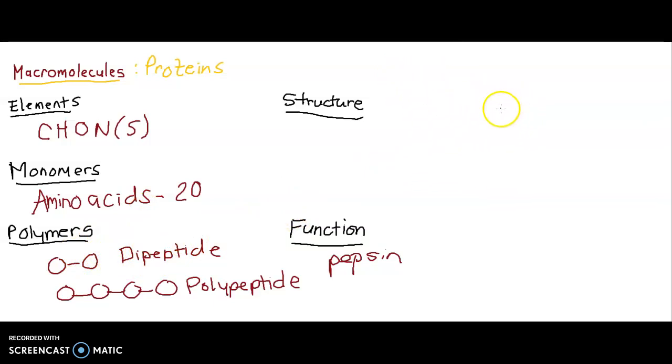Structure. In the structure of an amino acid, we have a central carbon. Recall that carbon is able to make 4 bonds, so each of these lines represents a covalent bond. On one side, we only have a lone hydrogen. On another, we have the functional group COOH, which is the carboxyl group.